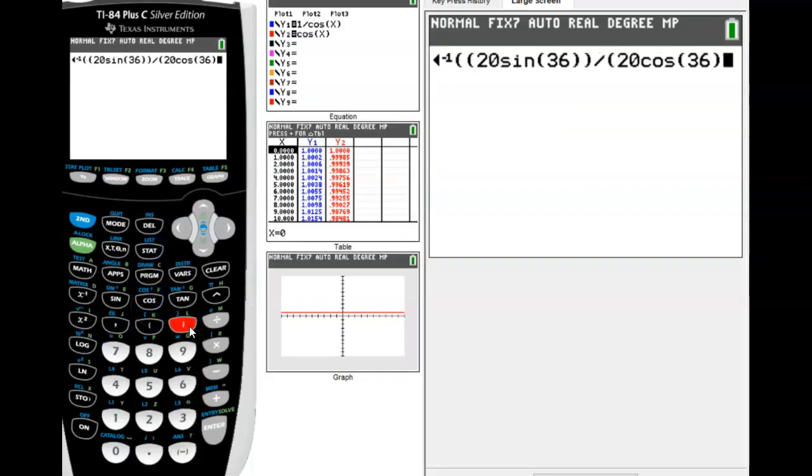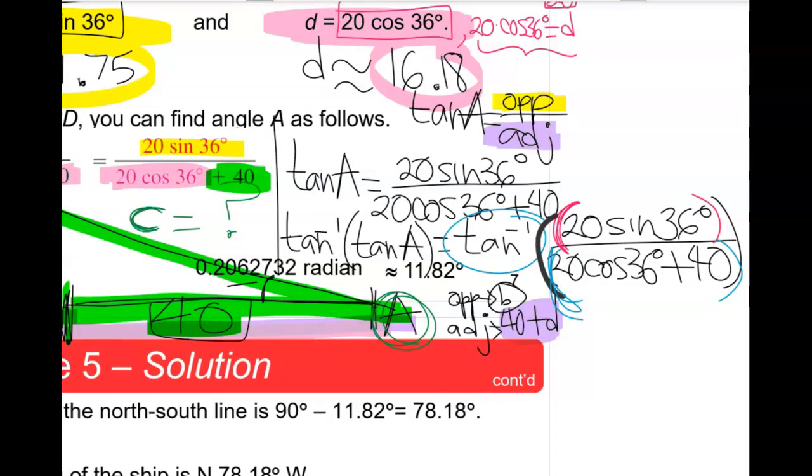After 36, I close it because that's closing the angle. And then plus 40. And then close the parentheses one time to enclose the denominator. So it's like I'm closing this parenthesis that you see here in blue.